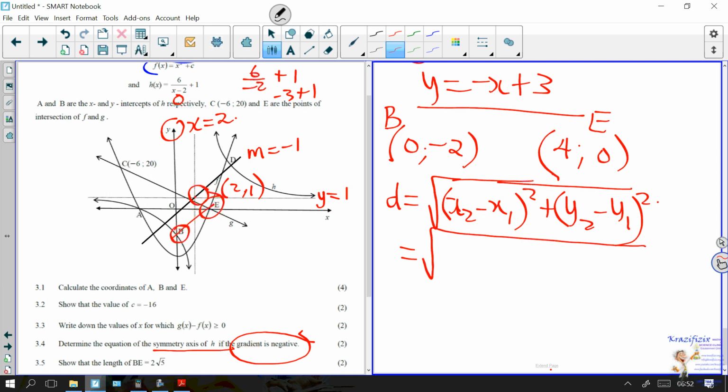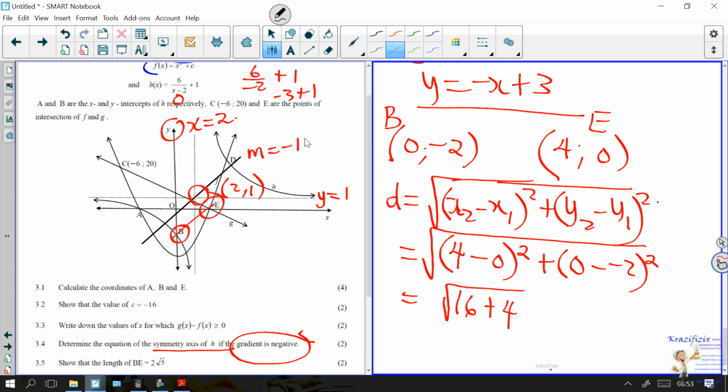This is my x2, 4 minus 0 squared, y2, 0 minus negative 2 squared. 4 times 4 would give us 16, and 2 times 2 will give you 4. So 16 plus 4, square root of 20. And if you use your calculator, it's 4 times 5, which is 2 root 5. That's what the question wants us to do.